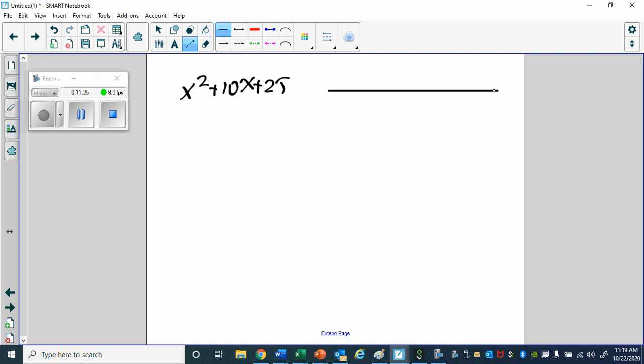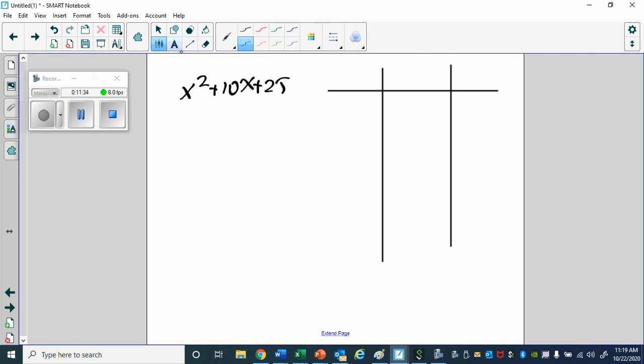Two numbers that multiply to c add up to b. So multiply to 25, add up to 10. All right, so start with positive 1. 25 divided by 1 is 25. That adds up to 26, so that's not it.